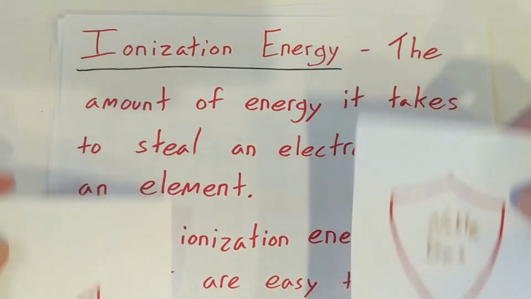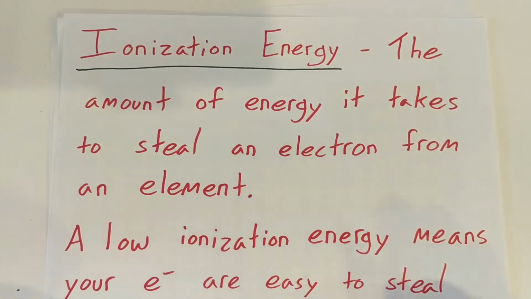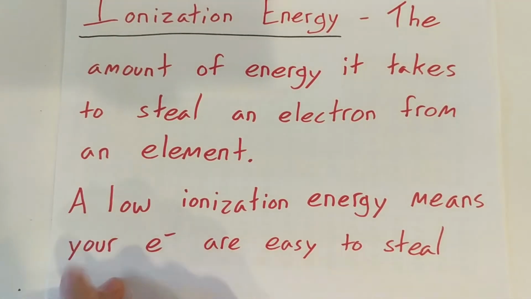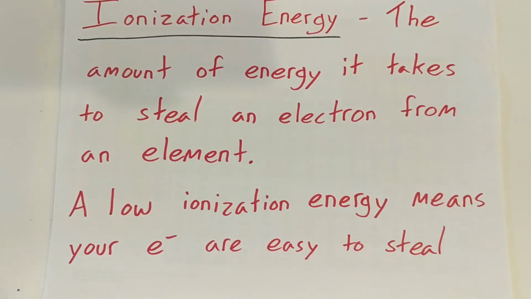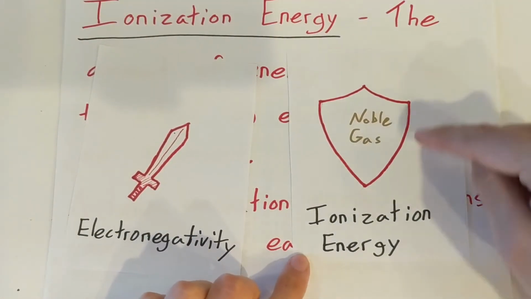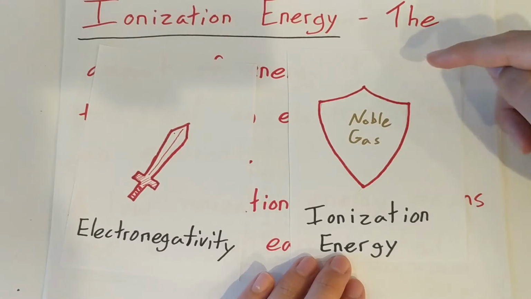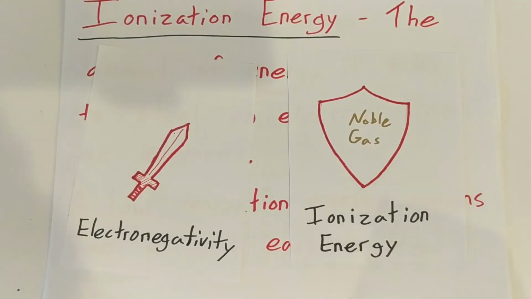One thing I want to say before we look at the periodic table is having a low ionization energy means you have electrons that are really easy to steal. So if your ionization energy is low, your defenses would be low and it's easy to take that electron. If your ionization energy is really high, it's going to be really, really hard to take that electron from you.